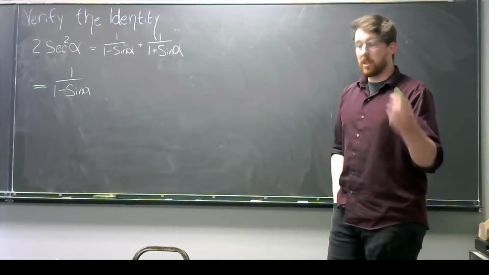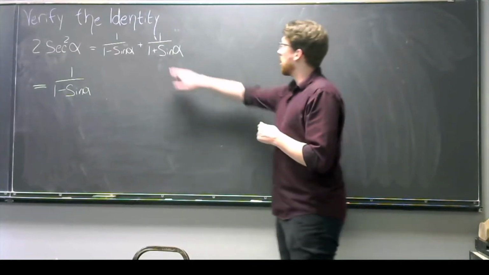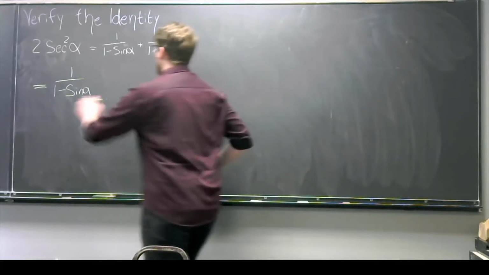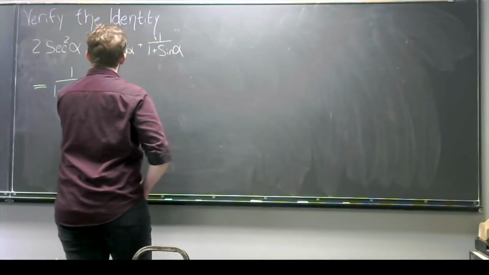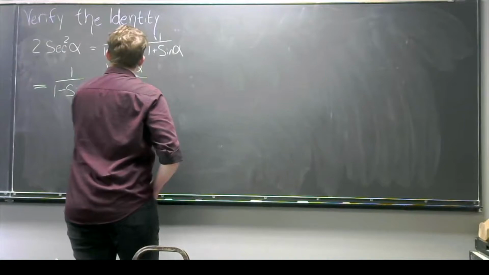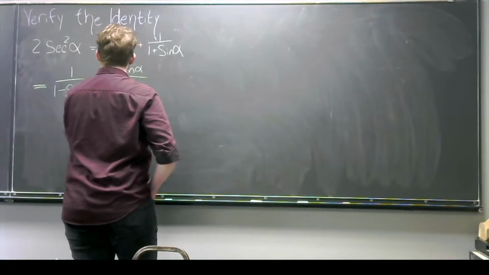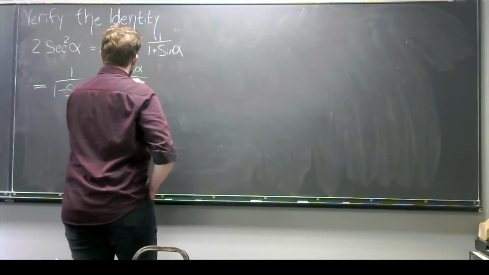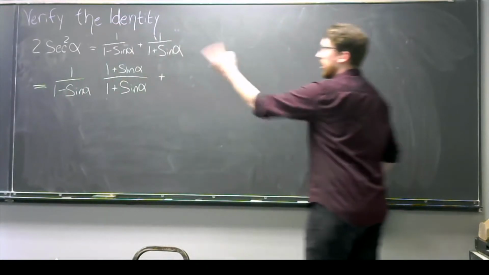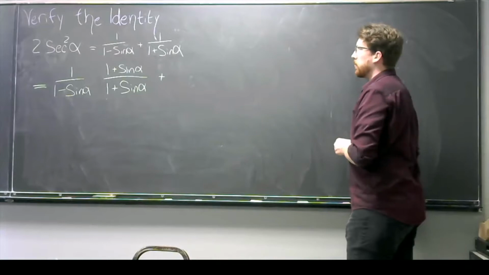But to make this one, I'm going to use this denominator. So what does that look like? It looks a bit like this. 1 plus sine alpha over 1 plus sine alpha. And we're going to do the same trick to the other fraction.